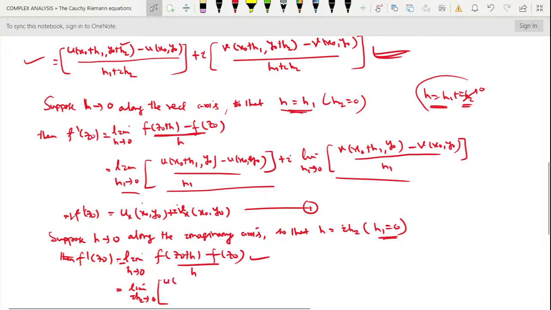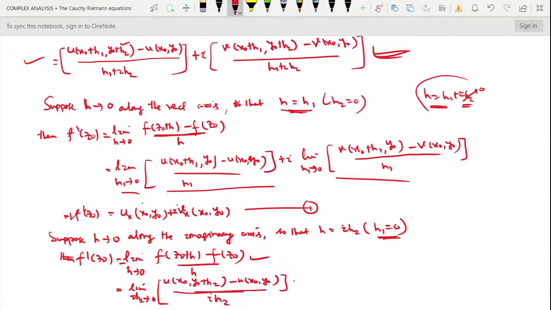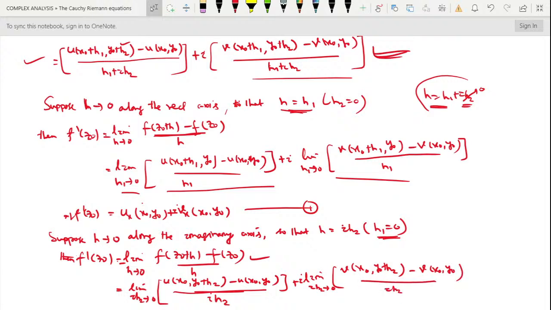So this will be u of, and in place of h1 you put 0, so u of x0 comma y0 plus h2 minus u of x0 y0 divided by i h2, the h1 being 0, plus i times the limit as i h2 tends to 0 of v of x0 comma y0 plus h2 minus v of x0 y0 divided by i h2.